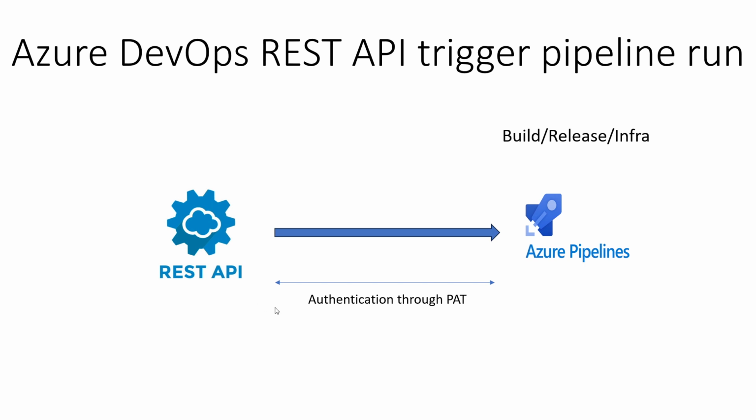That is, authentication happens through PAT. PAT means personal access token, and we will be using Postman to do a call, that is get or post API call.